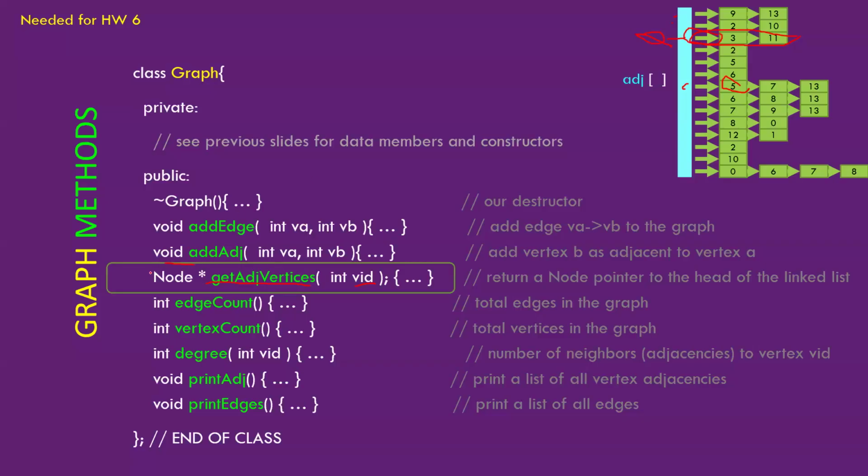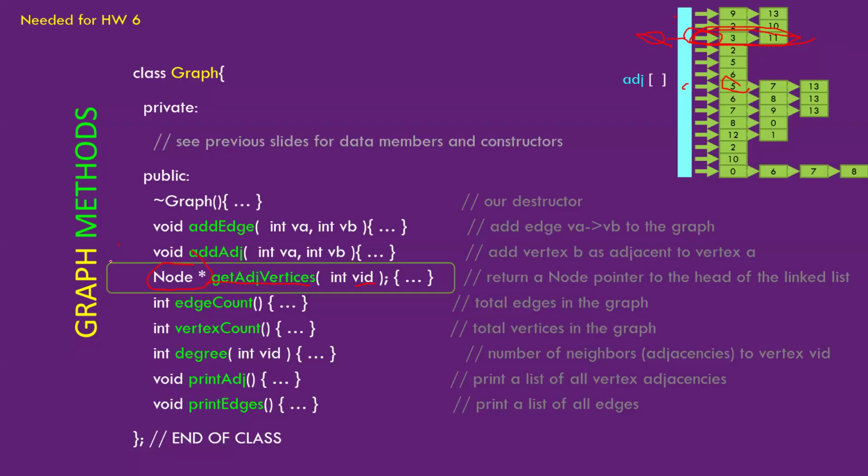Okay, so it returns a node pointer. That's the head of a linked list, and then I can analyze that linked list once it's returned to me. Okay, so it's not a copy; it's a pointer to that same linked list right there.